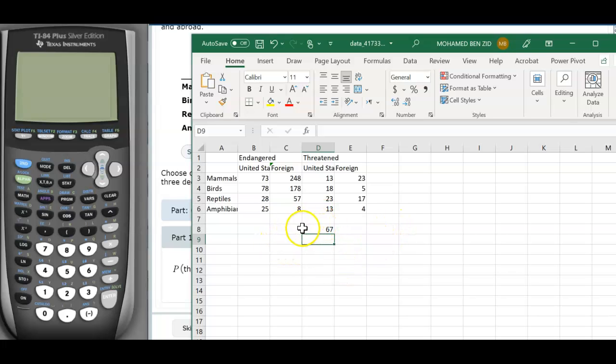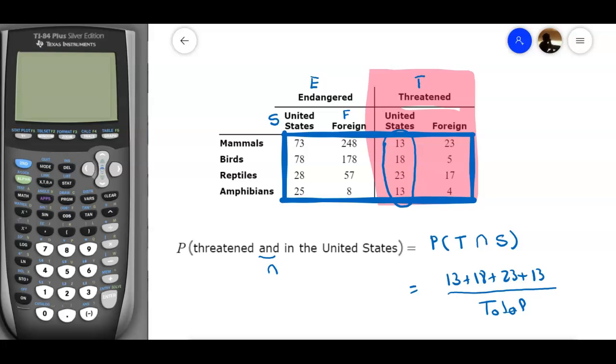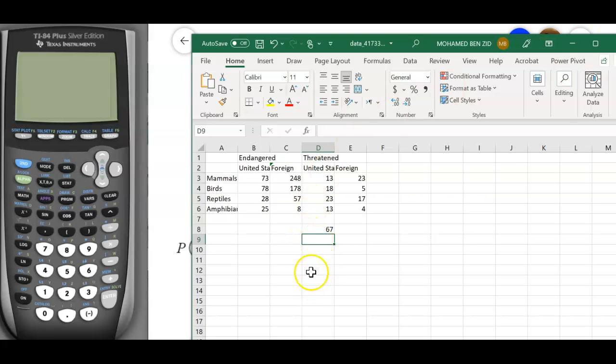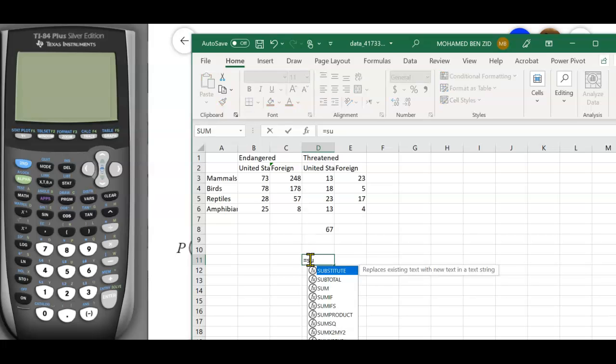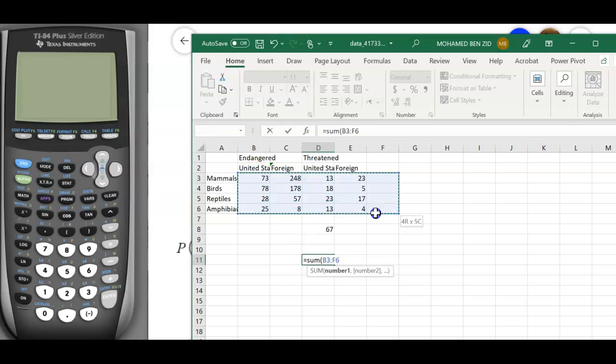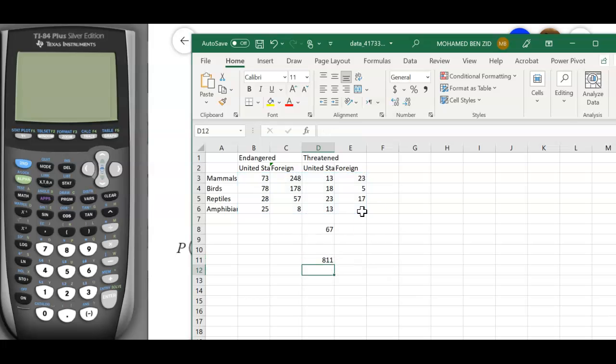So this is the set I'm looking for, and it would be 67. Now the total: I'm going to do exactly the same thing. Equal sign, SUM, open a parenthesis, and select all these numbers together, enter, and that's going to give you 811.